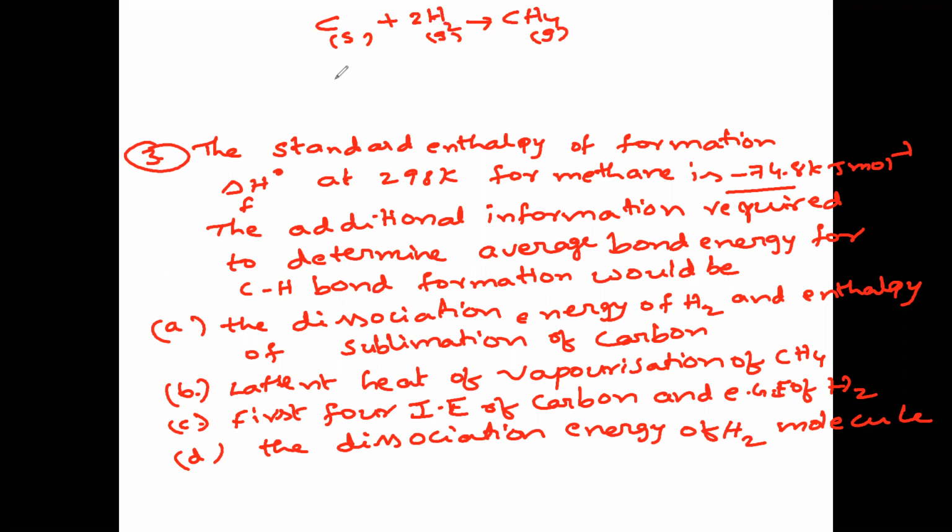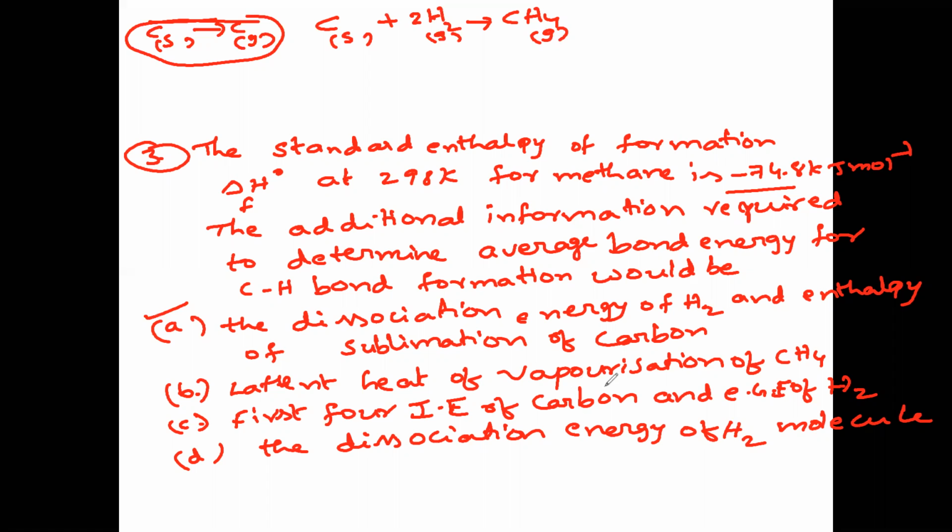So for this we require carbon as well as hydrogen. The additional information required is the bond dissociation energy of hydrogen, because the gaseous hydrogen molecule changes to a gaseous atom, and the enthalpy of sublimation, because solid carbon should change to carbon gas as the first step. So these two are required. That's why the answer is the first option.